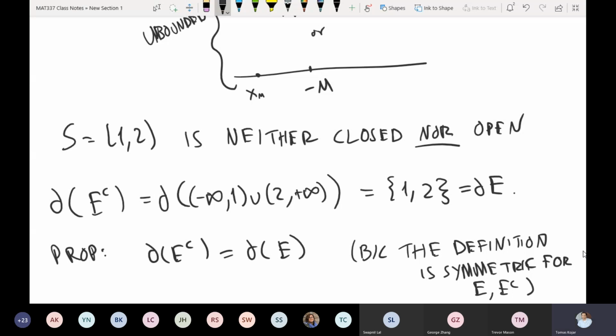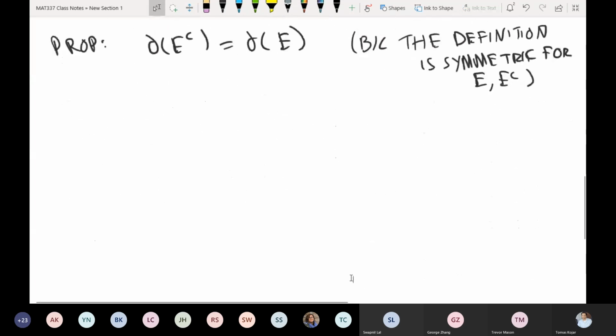So here's an example, Ruja, that this is not true. Take this, make it open, then close it.